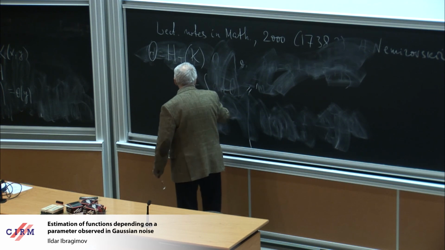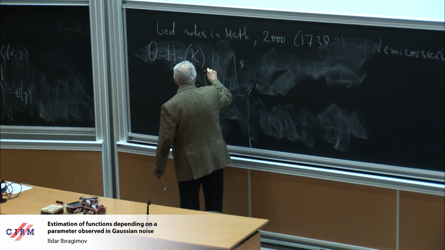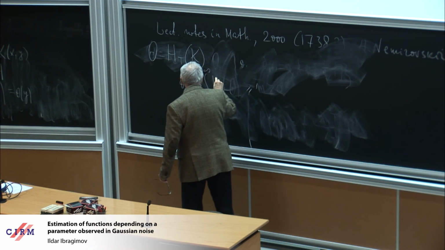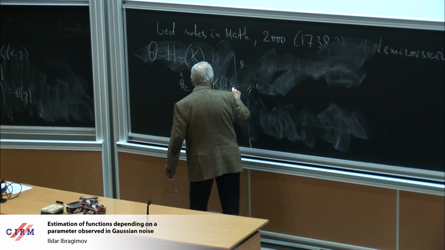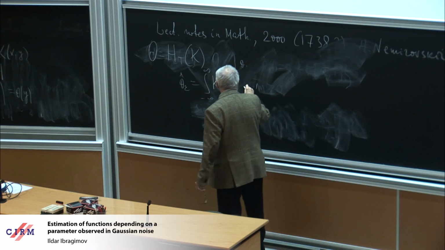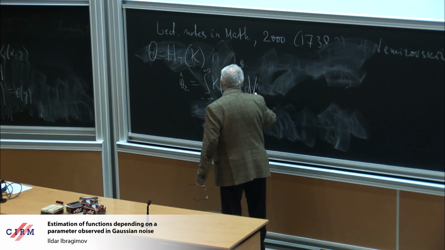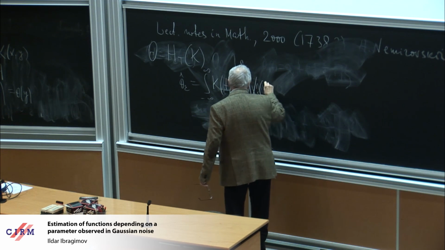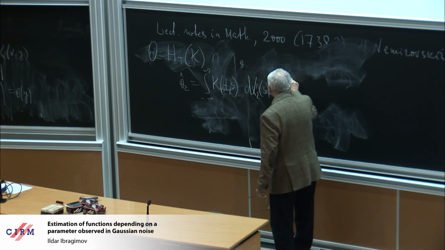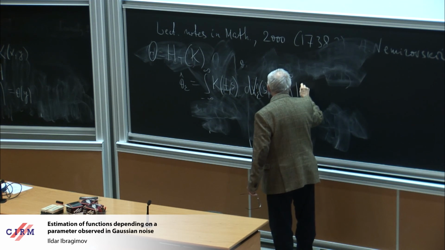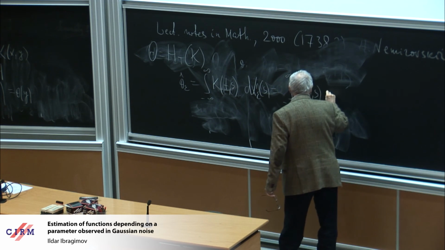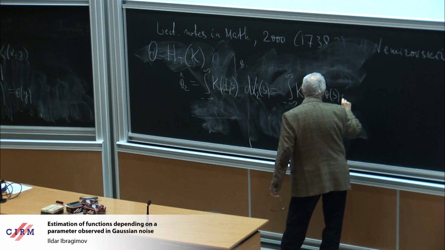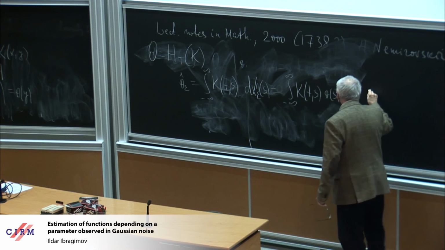The integral from minus infinity to infinity of K(t,s) dX(s), which is the integral from minus infinity to infinity of K(t,s) theta(s) ds plus epsilon times the integral of K(t,s) dW(s).